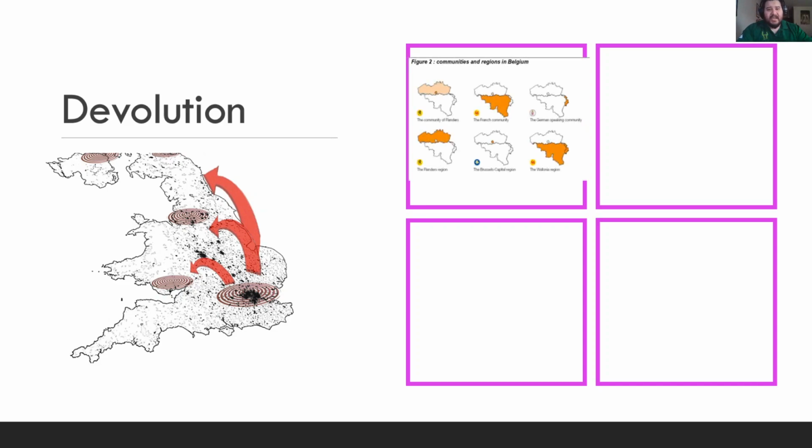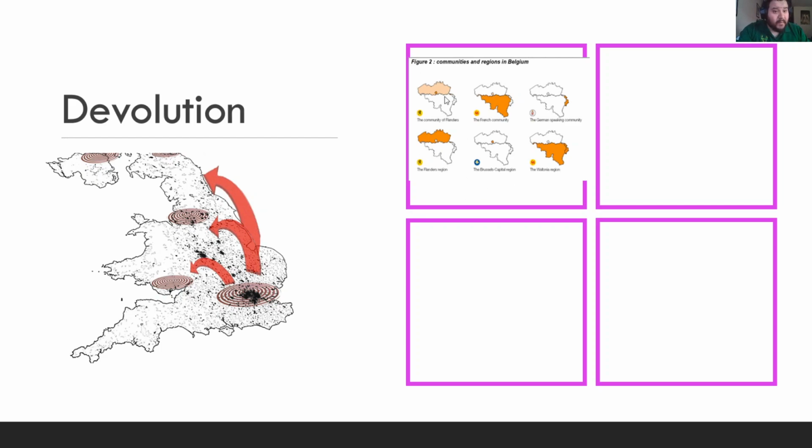And you can see this in Brussels, especially in places where we have potential for centrifugal forces. So we think about communities surrounding Brussels. In Belgium, we have lots of complications because it's very much a multinational state unto itself. And so we have these different political units that have different powers within that one single state.